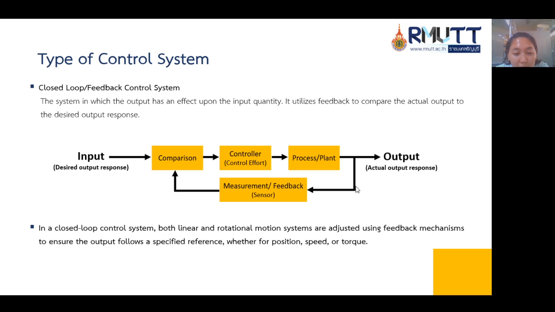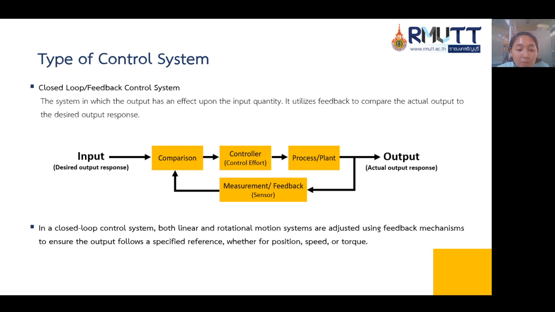From the output, we measure with the sensor, and then compare again with the input, produce an error, then minimize or correct the error, until the actual output is the same as the desired output, or the same as the input.